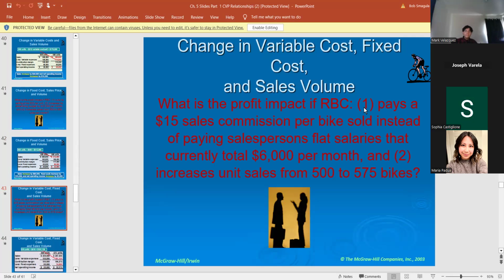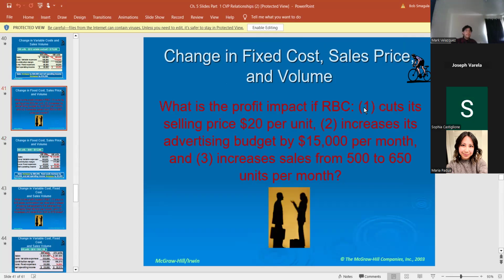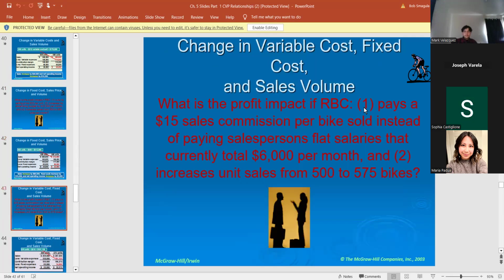What if we change, what the heck did we change here? Fixed sales volume. I'm getting mixed up on all this stuff. What if we change the variable, fixed, and the sales volume? What happens if they pay a $15 sales commission now instead of paying flat salaries to their salespeople?